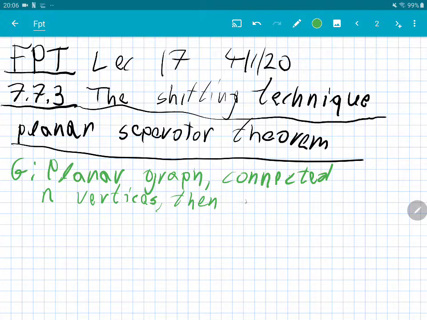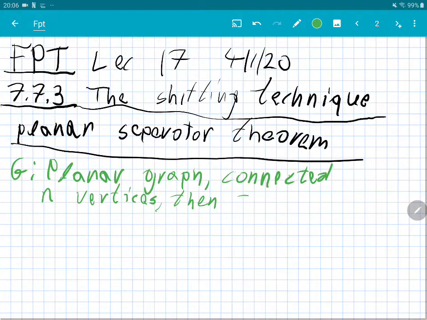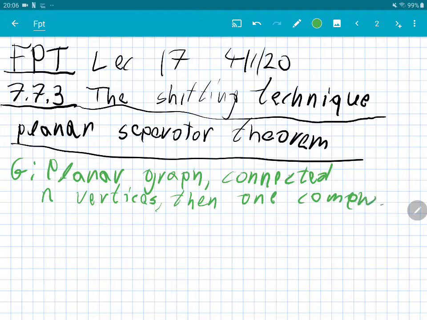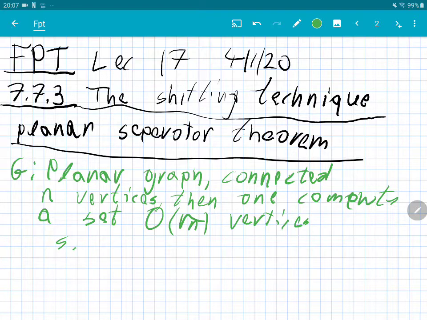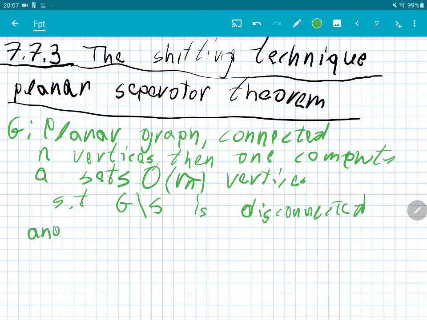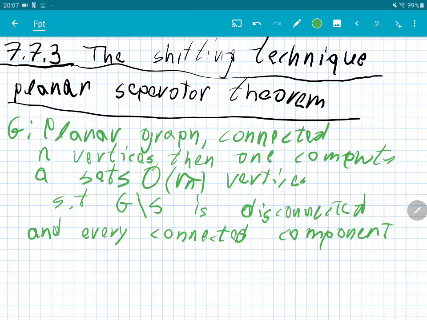then one can compute a set S of square root n vertices such that G minus S is disconnected and every connected component has at most 2/3 of n vertices.